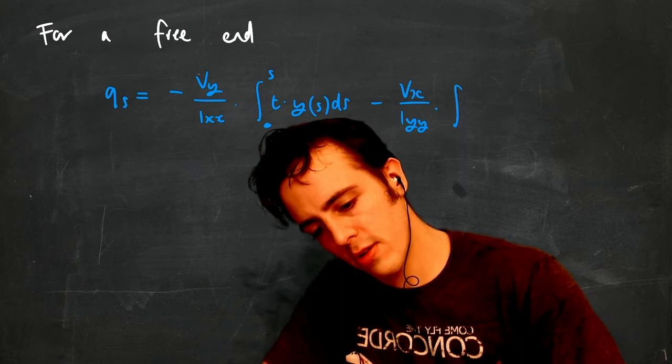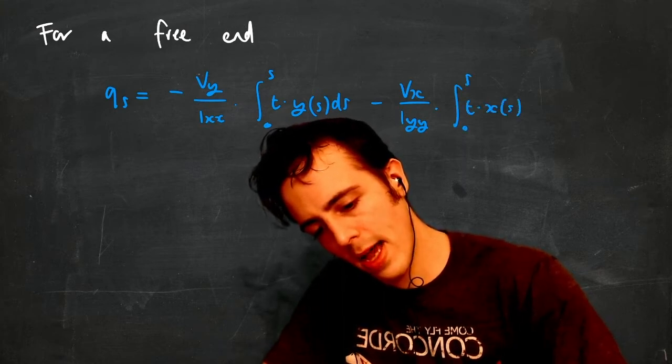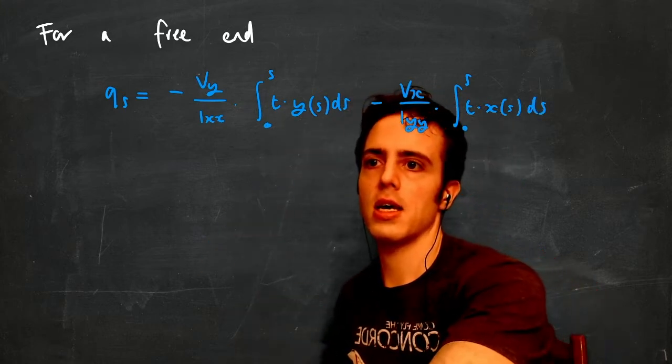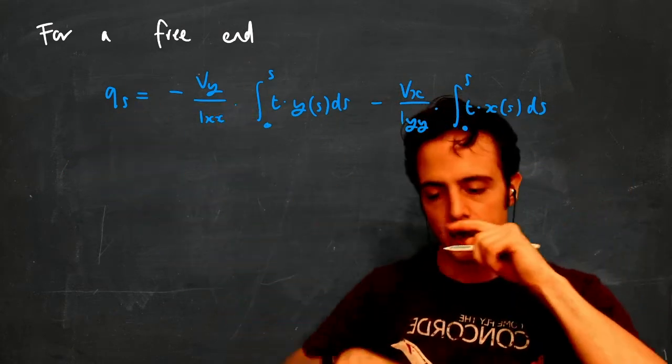And then it's the integral from s to 0, thickness, x as a function of s, ds. So this then is the shear flow distribution for an open end.